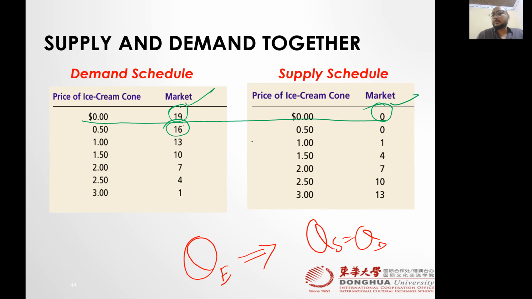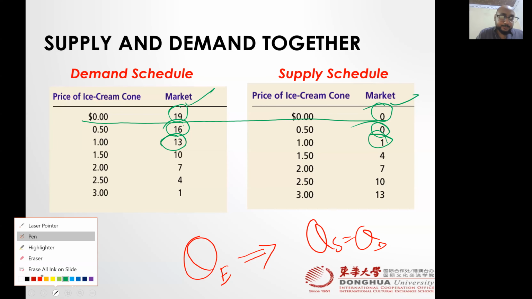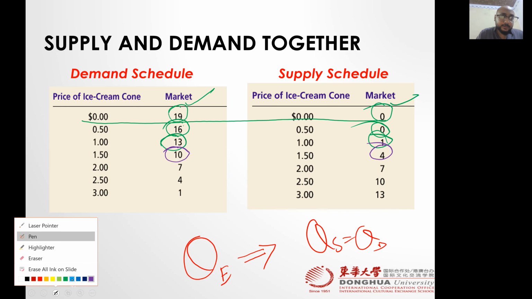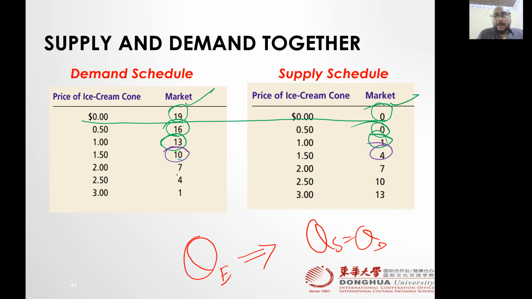Quantity demanded 16, supplied 0. 13 here. And if you see here, quantity demanded 10, quantity supplied 4. And the next one, quantity demanded 7, quantity supplied exactly 7.